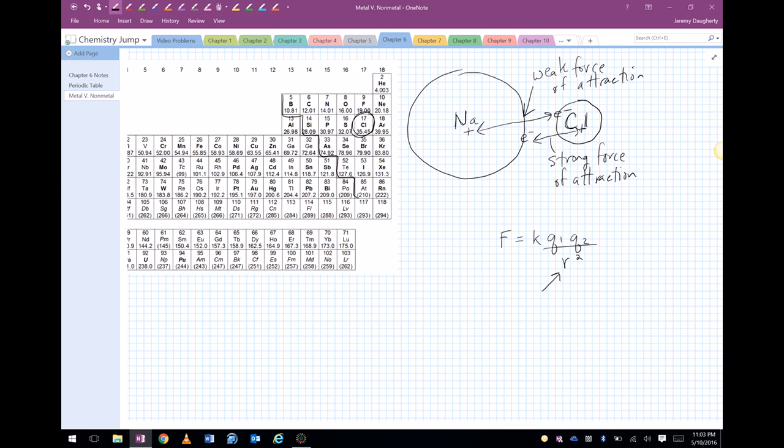Why? Well, because the nonmetal has a stronger force of attraction for the metal's electrons than vice versa, and that's why. So why does the nonmetal gain the electron? Stronger force of attraction. Why does it have a stronger force of attraction? Because it has a smaller atomic radius. Why does it have a smaller atomic radius? Because it has a stronger nuclear force. The protons are effectively stronger. Okay? So, we've already sort of brought back up this chapter 5 material.